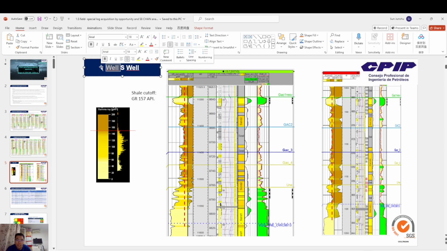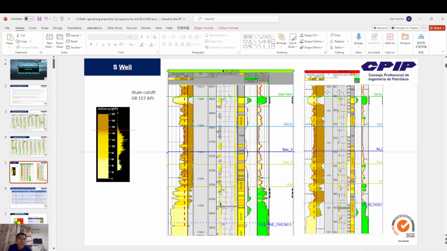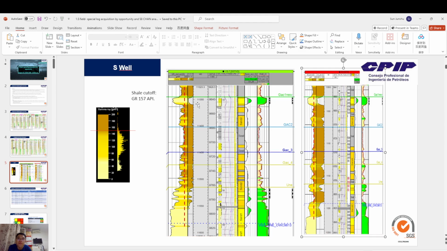So in the field wells, the shale cutoff is 157 API for gamma, which can be seen from well S7 and S8. This is the cutoff.